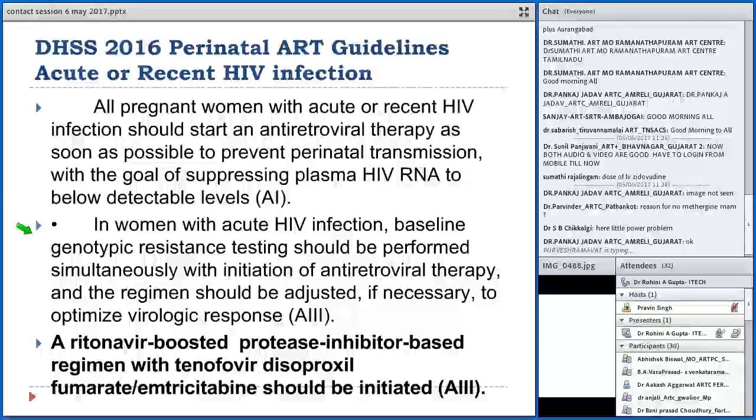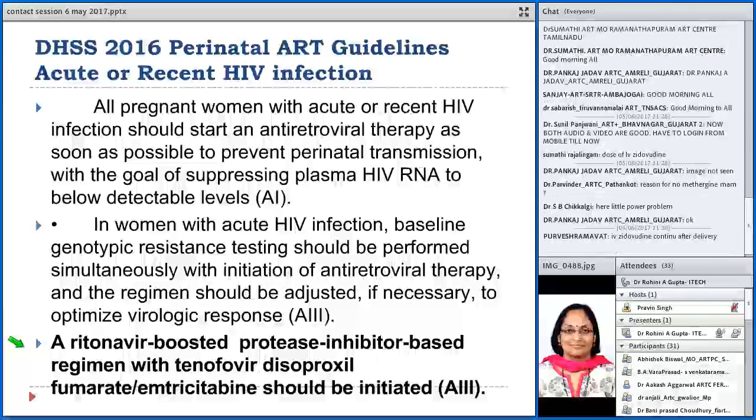In women, they also do genotypic resistance testing simultaneously with initiation of antiretroviral therapy, and the regimen should be adjusted as soon as you get the report. What is advised in an acute or recent HIV infection is a ritonavir boosted protease inhibitor based regimen with tenofovir.